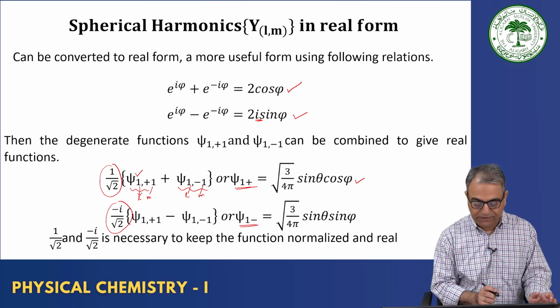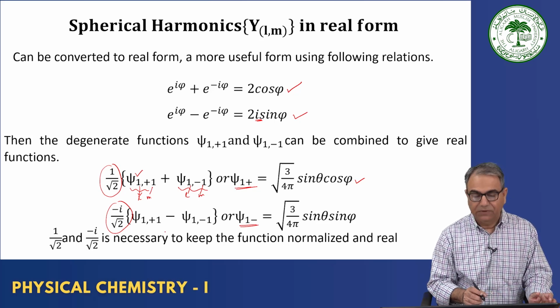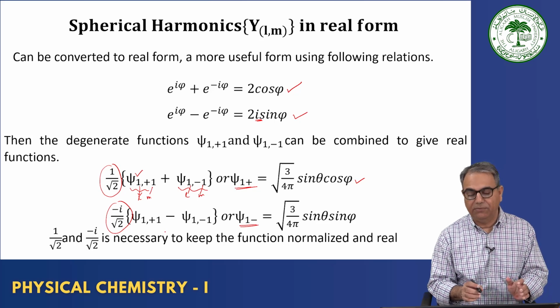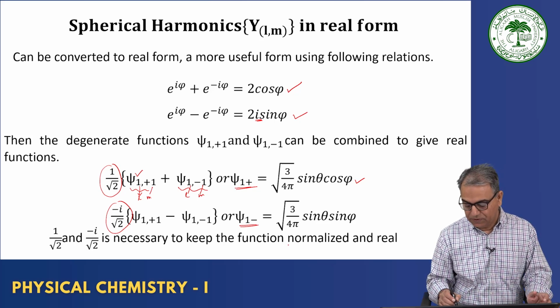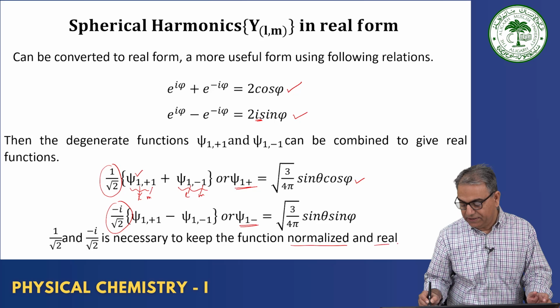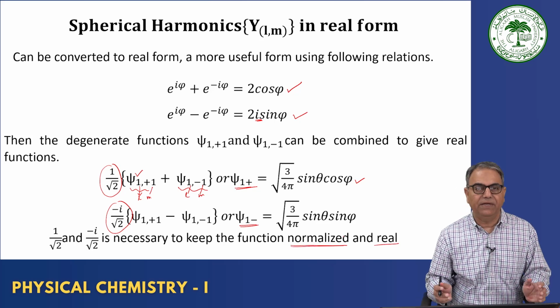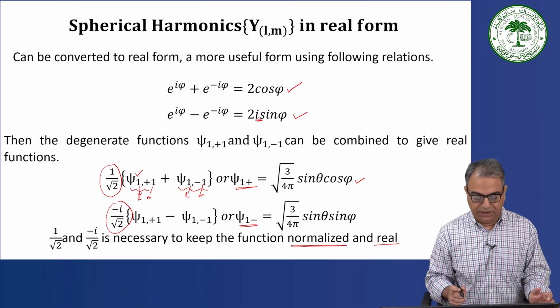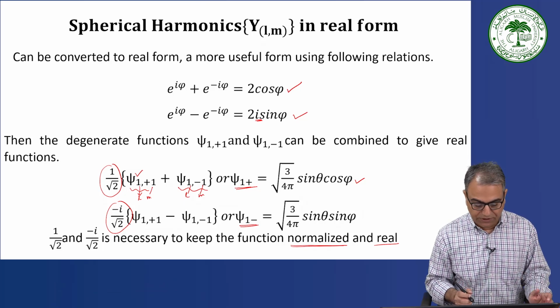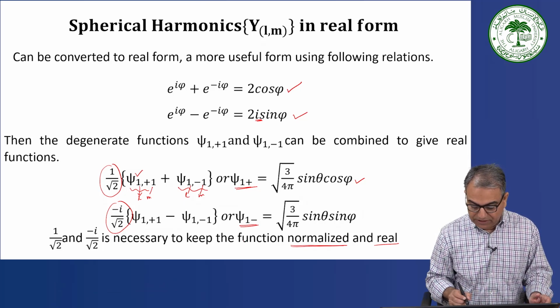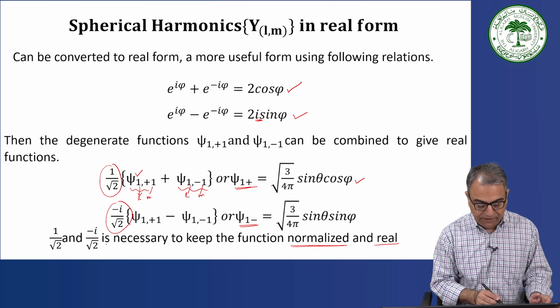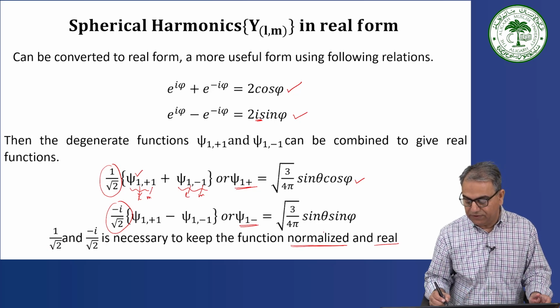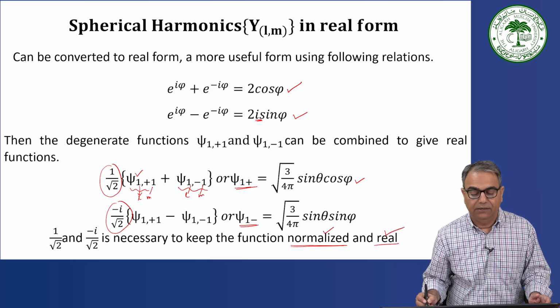So we multiply this because this will keep the function normalized and real also. And is there any derivation? People have done it and found it to be the right kind of coefficients, so we are using it. We are not the first ones to do it. So the reason for multiplying by 1 by root 2 and minus i by root 2 is necessary to keep the function normalized and real.